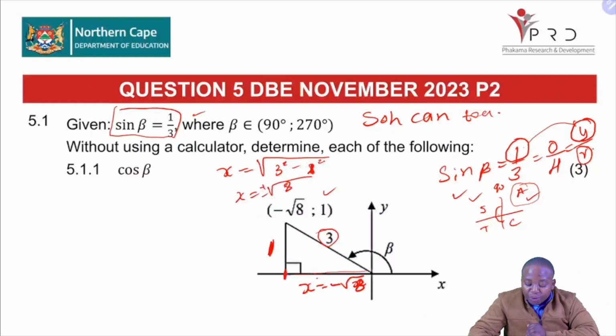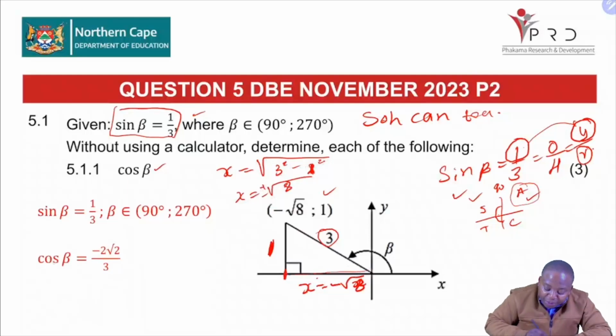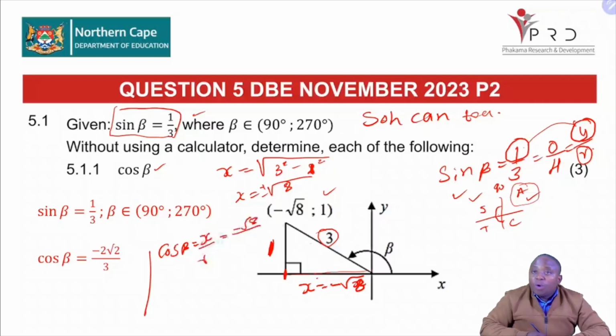Now, after we do this, we can now find our value of cos beta. Our cos beta is going to be x over r. Then our value of x is negative root 8 all over.